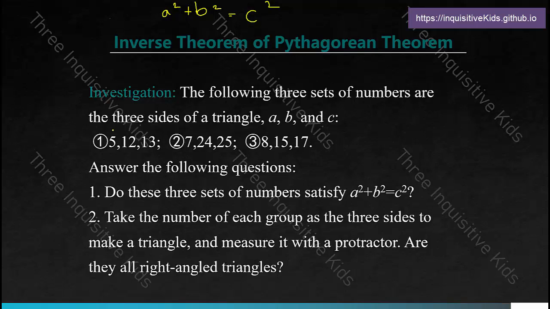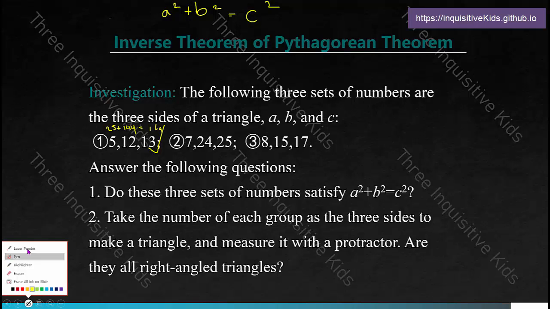If you square 5, that's 25, and you square 12, that's 144, and then you add them, that would be 169, and yes, this is the Pythagorean theorem. You basically just do this for all of these, and then you will see that yes, they do satisfy the Pythagorean theorem.